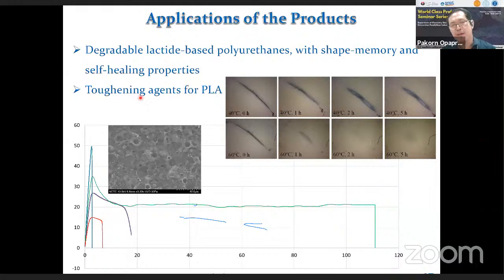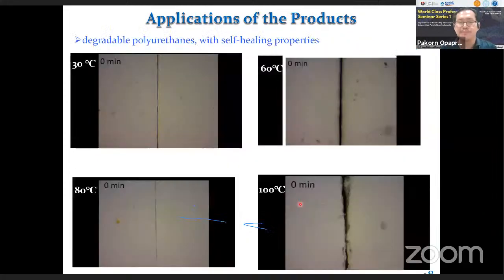So we can blend or mix this back into PLA, and this can improve the toughness of PLA. You can see original PLA can break at an elongation of around 4%. But if we add this polyurethane into PLA, only about 20%, it can make the elongation increase to 100 or 110%. A large improvement in the toughness.